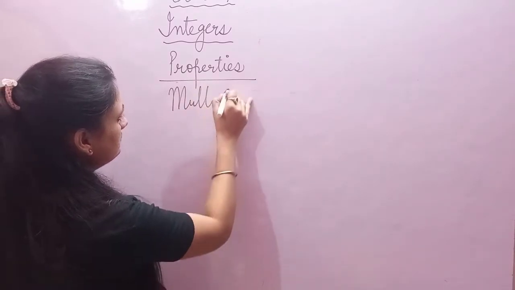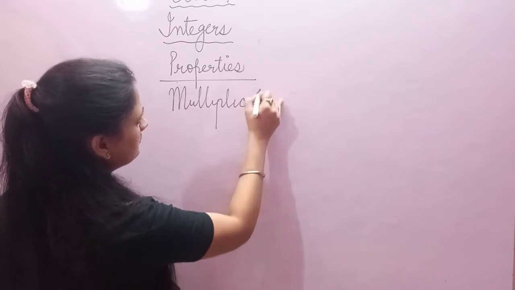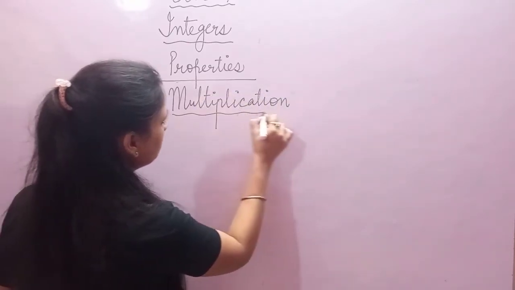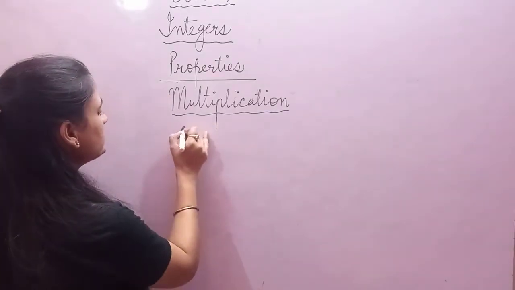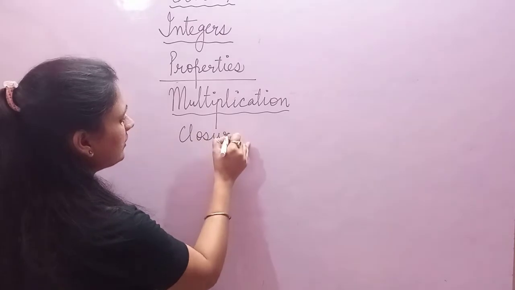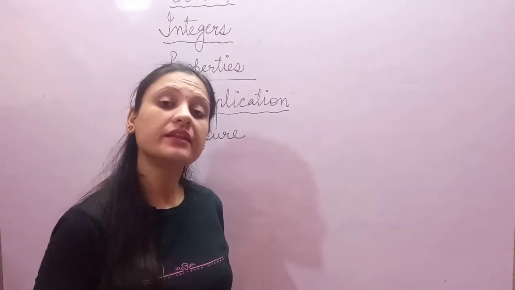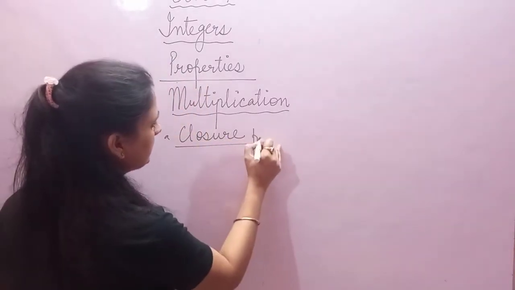multiplication. Multiplication is, again let us start with closure property. If you multiply two integers, we get an integer. Let us check.